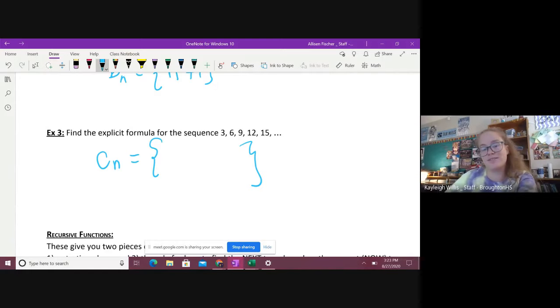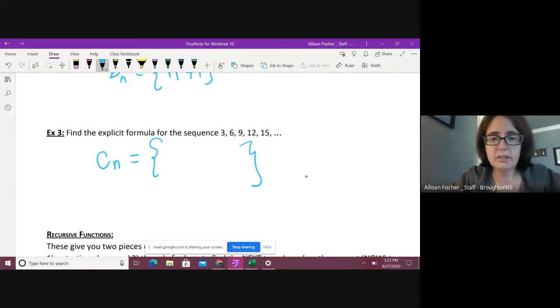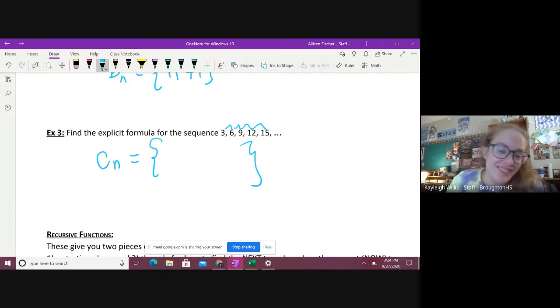I'm not taking the first term and doing that. But if I take the 1 and multiply, maybe. Okay, it does start to look like you're multiplying by 3, but then what do you notice between each of these? It doesn't work.